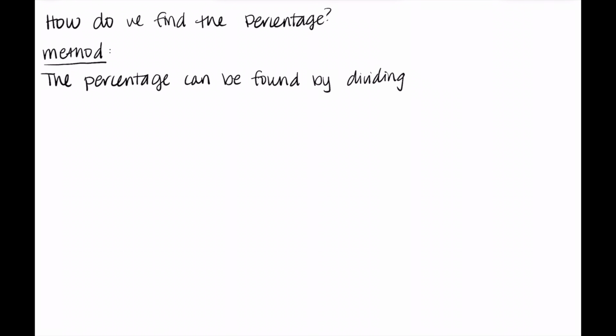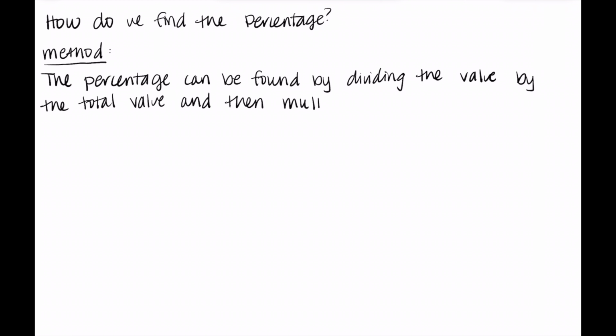It says that the percentage can be found by dividing the value by the total value and then multiplying the result by 100. I know that this is a lot of words. So on the bottom here, we'll write this out in a visual representation so it's easier to digest and see the steps.